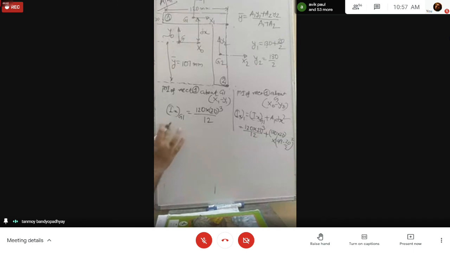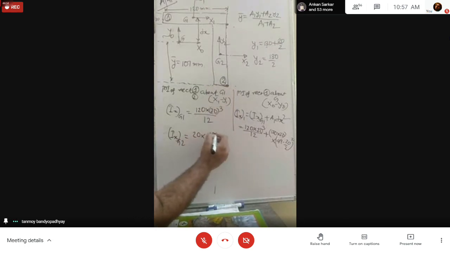Similarly, MI of rectangle 2. I am writing I2 about g2, so Ix g2 will be equal to db cube by 12. The depth is 130 and breadth is 20, so 20 into 130 cube by 12.